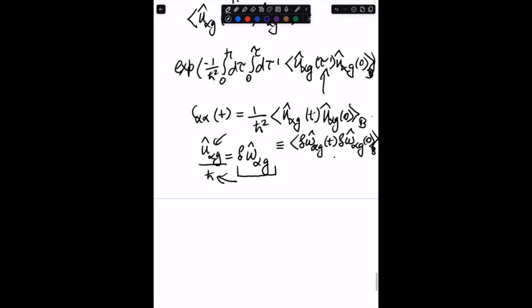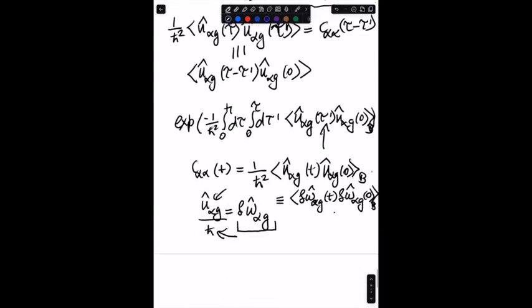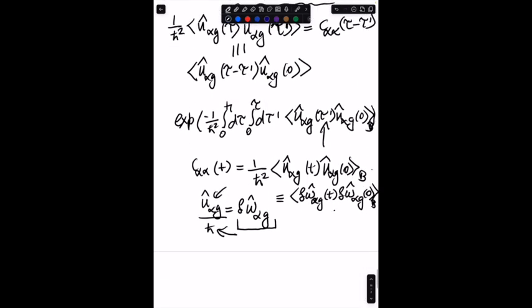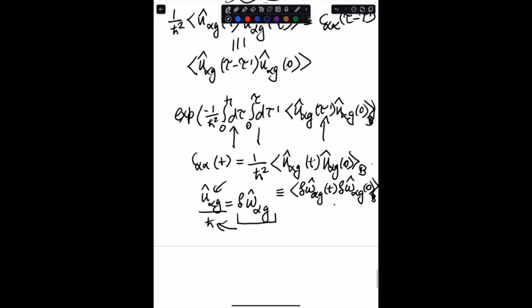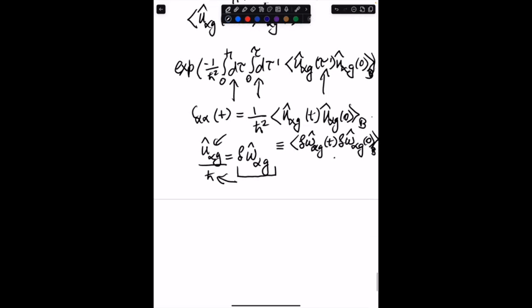Now, if I integrate this frequency fluctuation correlation function twice, as shown here, it gives me something which is known as the line shape function. So I will define G alpha alpha t as the double integral, 0 to t of d tau, 0 to tau, d tau prime of C alpha alpha tau prime.